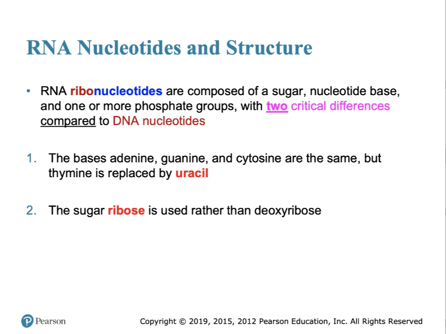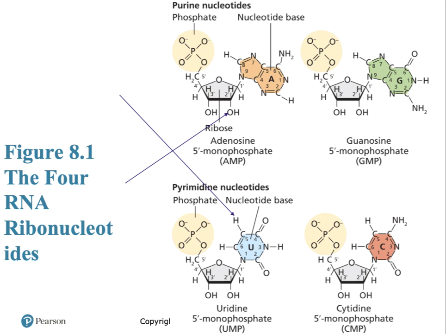Scientists are not really sure why this difference exists. It could be a legacy of the evolution of DNA as a slightly more stable form of information molecule. The second chemical change is the presence of an atom of oxygen, which is not present within the sugars of DNA. And those changes are both indicated on this panel.